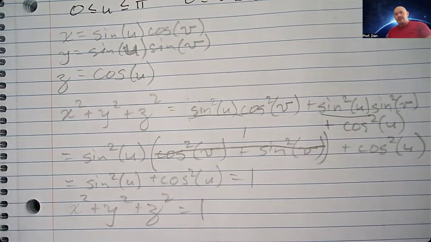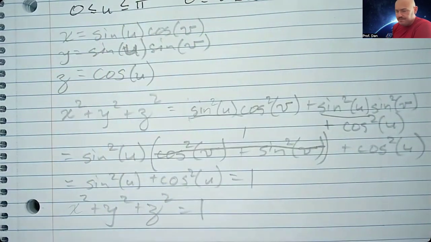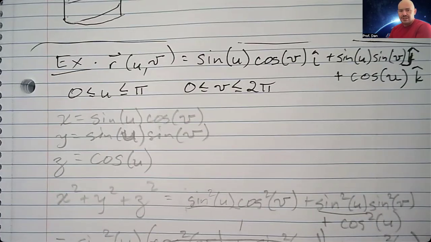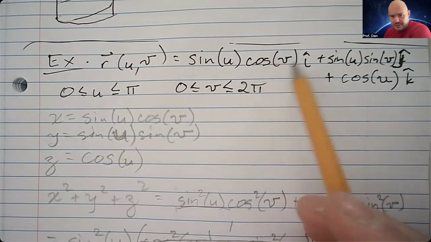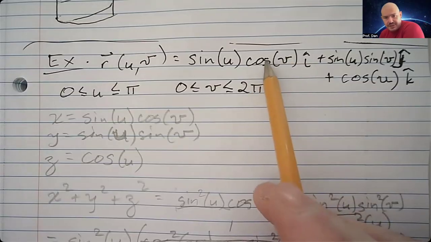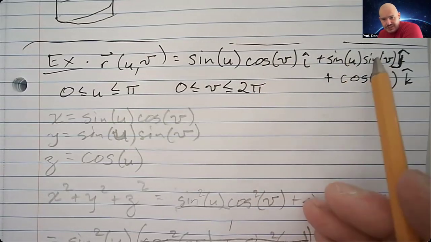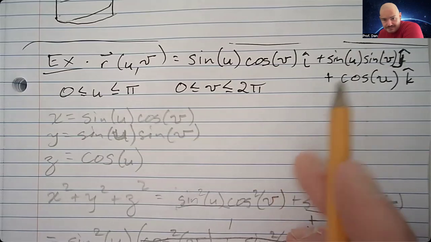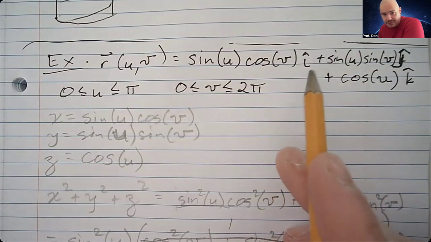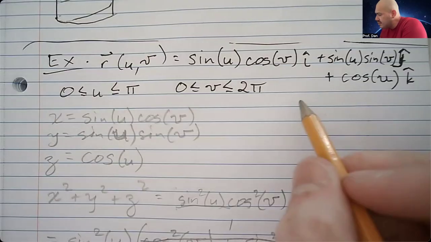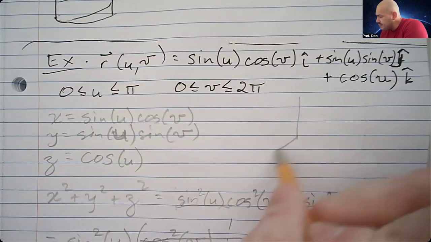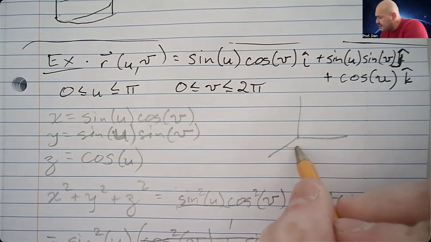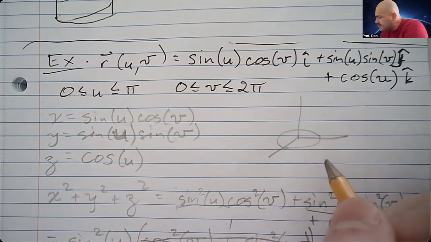Another way that you can think about it, kind of along the same lines as how I started the cylinder problem: if you look here, there appear to be a couple of circles going on. So I know that I have a circle involving this v in the xy plane, with a radius of 1. So that's going to give me this.